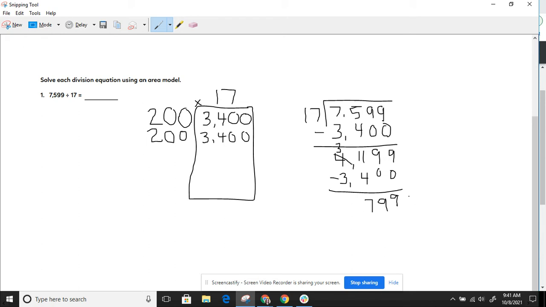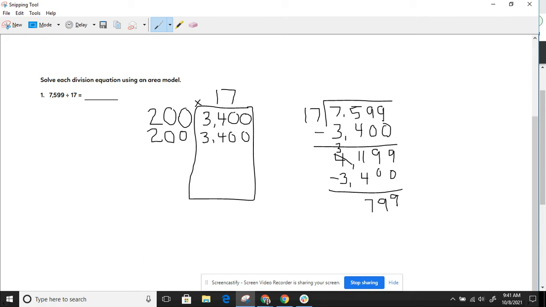And I'm going to repeat. I'm going to go back to my area model, my rectangle, and figure out: 17 times what will get me close to 799? Now, I can't use 200 again because 17 times 200 is 3,400, and that's too big for 799. It's too high, so we can't use that. So I need to think about how I can get close.